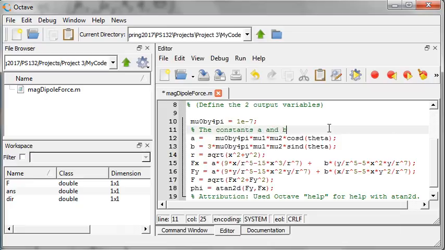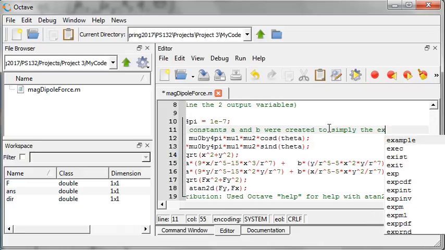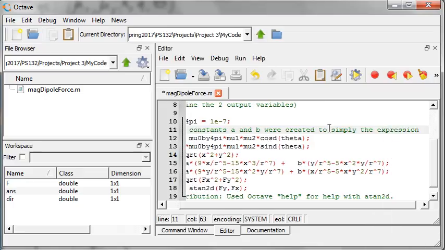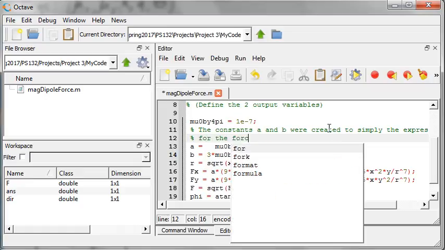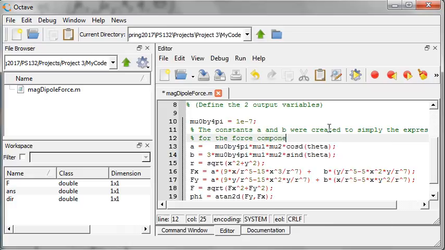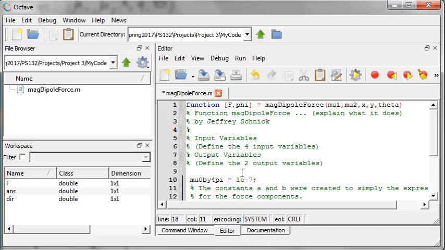A and B were created to simplify the expressions for the force components. So they don't really have any particular meaning by themselves. I've got to explain a little bit about what's going on with the code. And then I think that's enough.